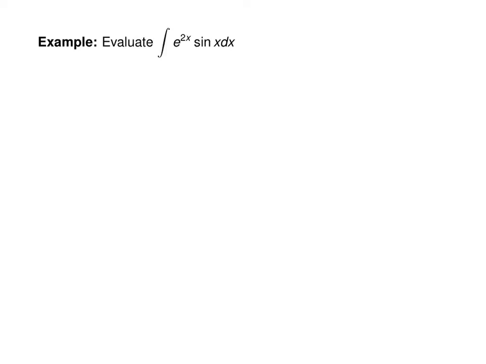And the final kind of application of integration by parts are these around the world problems. So here, let's start by letting u equal e to the 2x and letting dv equal sine x dx. Then v will equal negative cosine x, and du will equal 2e to the 2x dx.